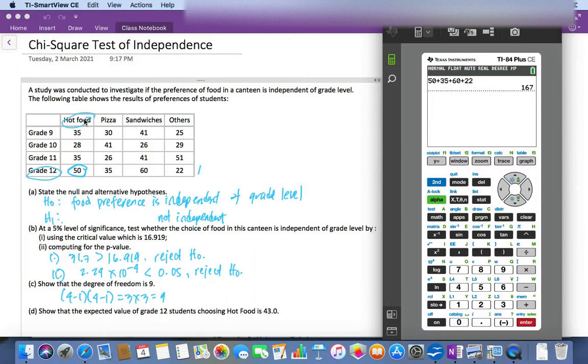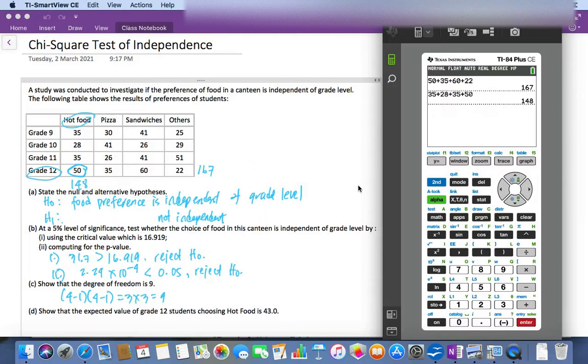And I add also this column, 35 plus 28 plus 35 plus 50. That will have a total of 148, but I also need the total down here. If you want, you can go ahead and keep adding everything else so that you can come up with a total.